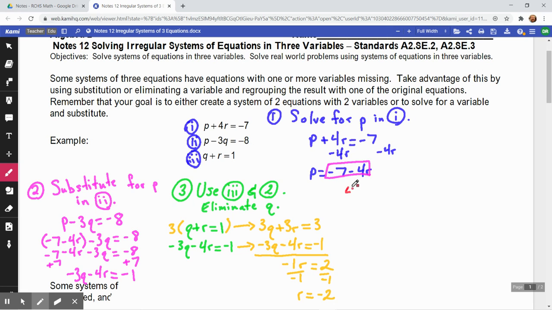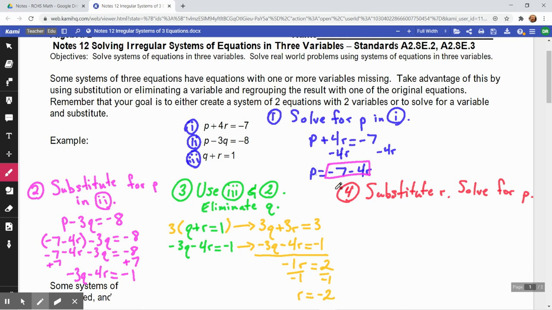So step 4 here, substitute R and solve for, let's go for P. So let's go to equation 1, let's solve for P.